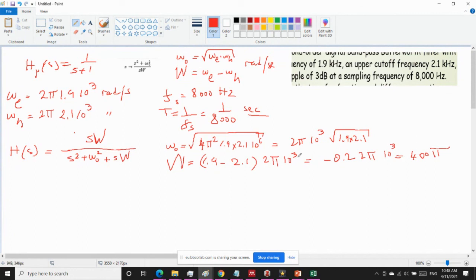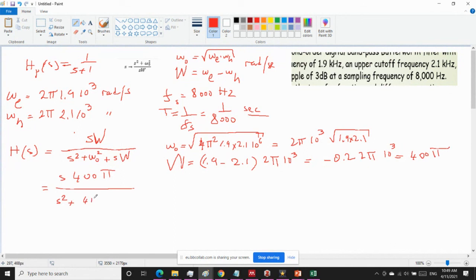And then you go ahead and replace omega naught with this term. So S times 400 pi over S squared plus this thing squared.